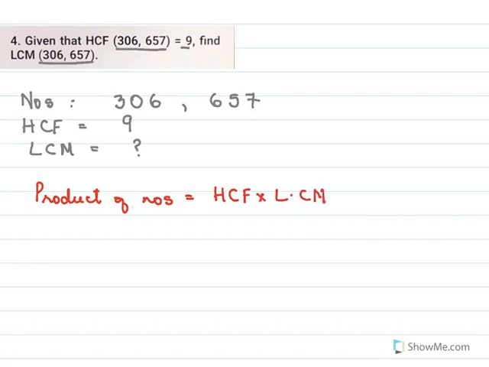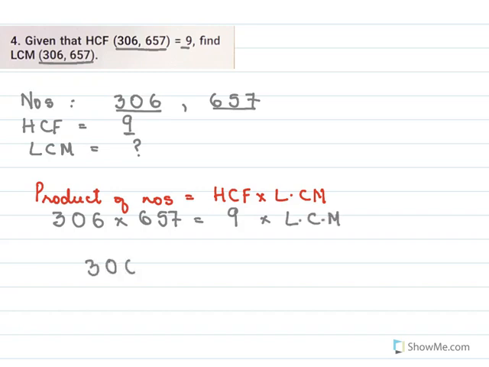Now the numbers are 306 and 657. So the product of the numbers will be 306 into 657. The HCF is 9, so we put 9 here. LCM we don't know, so LCM we need to find.